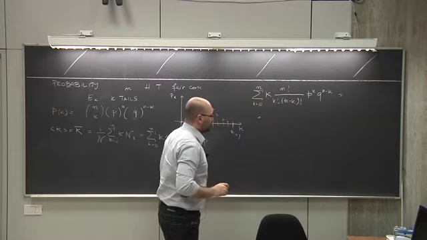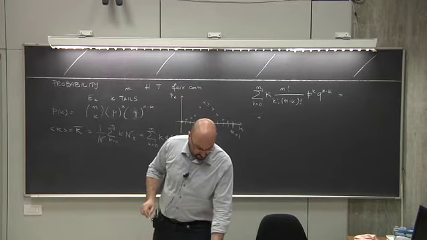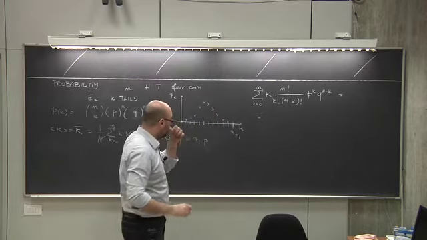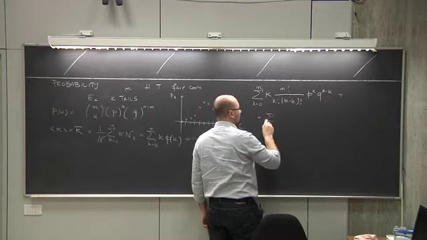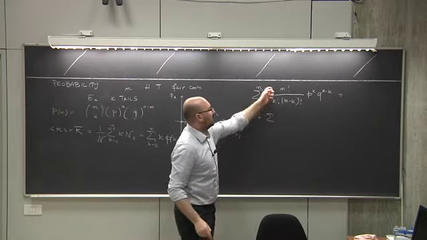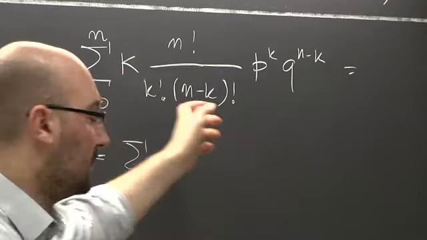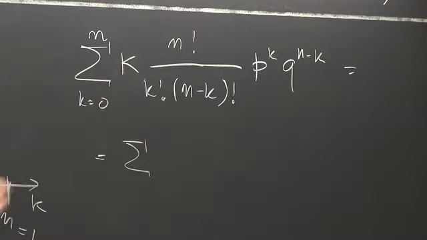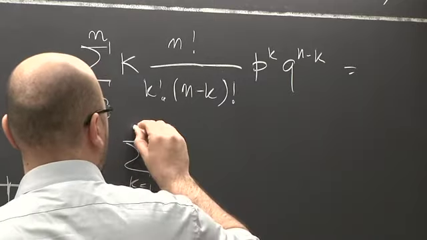Okay, so this is the sum. First of all, this sum for k equals 0, the term is equal to 0, right? Because you have 0 times something. In this case, we would have 0 times 2 to the minus 11. So we can start from k equal 1 up to n.